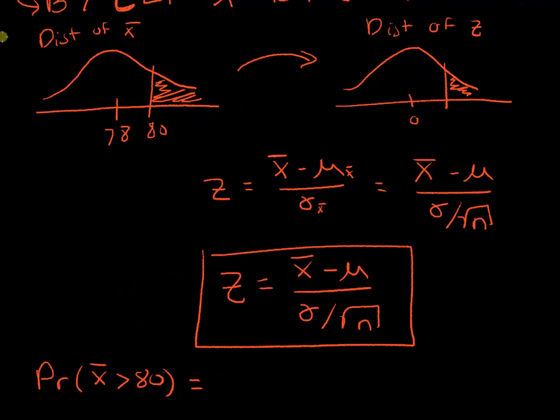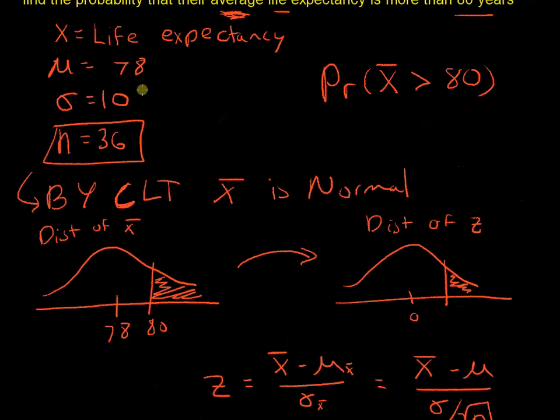Okay, so let's see. I'm going to calculate the probability. I'm changing this x bar into a z. Okay, and I'm going from this 80 to some value of z, right? So 80 minus, now mu was 78. Sigma, okay, standard deviation is 10.